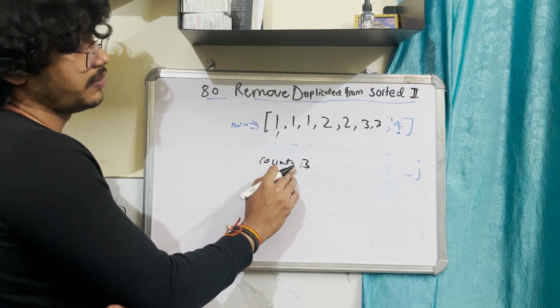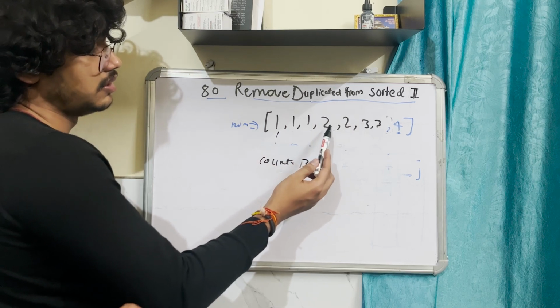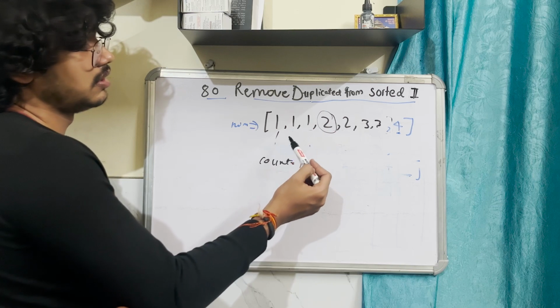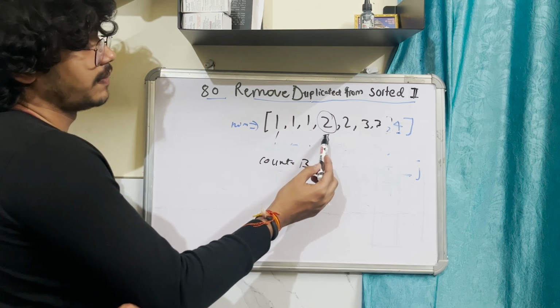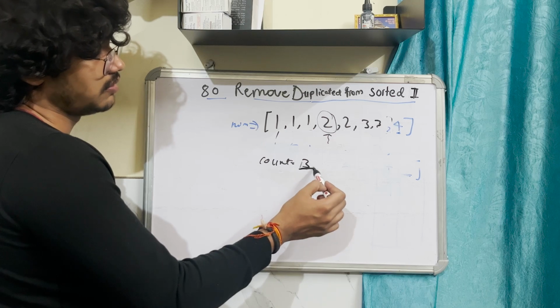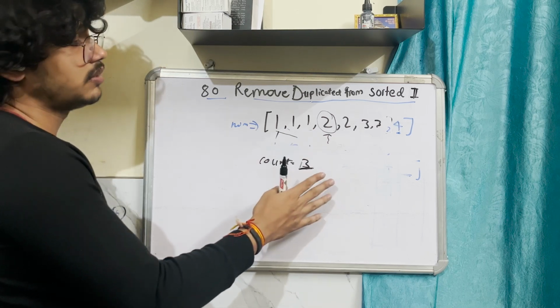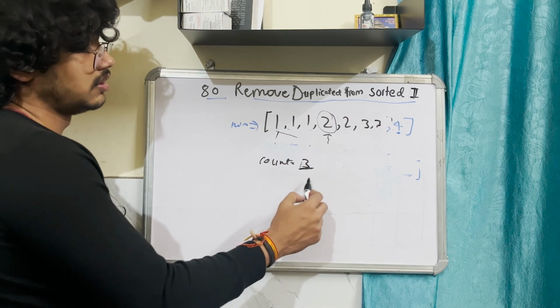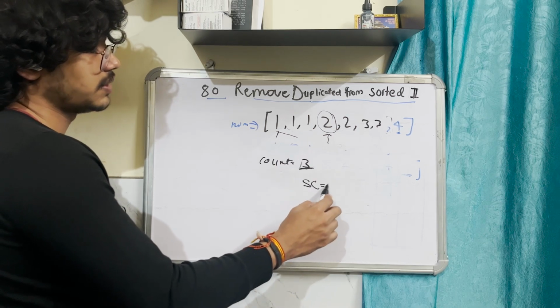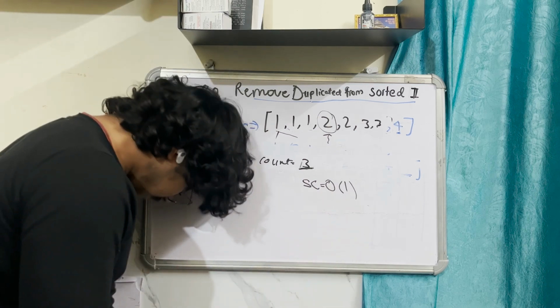So what you have to do is put the next element after the second count of the 1 element. Basically you have to do everything in place without using extra space, and space complexity should be O(1), constant space.